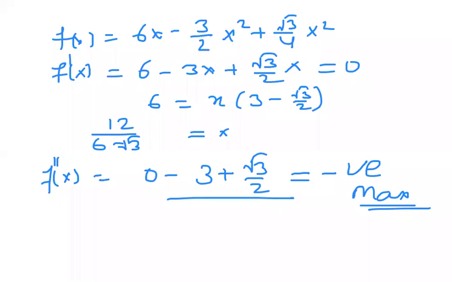Area will be maximum when one of the sides of the rectangle will be 12 upon 6 minus root 3. So this is one of the values. We need to calculate y.